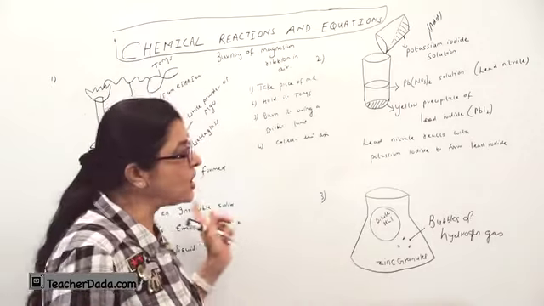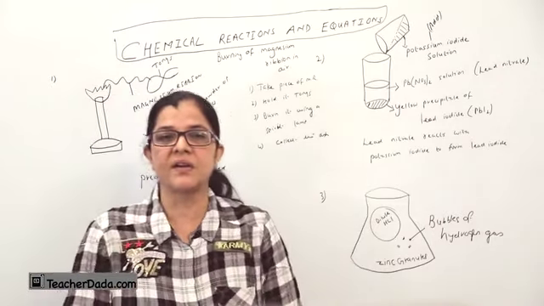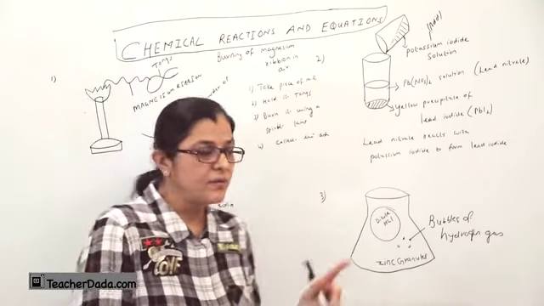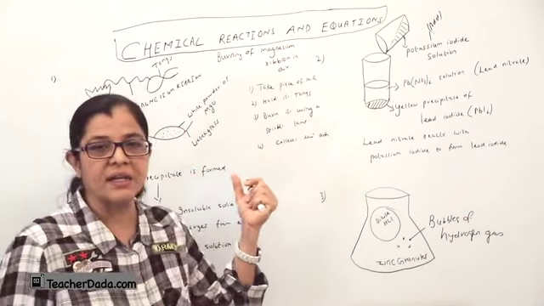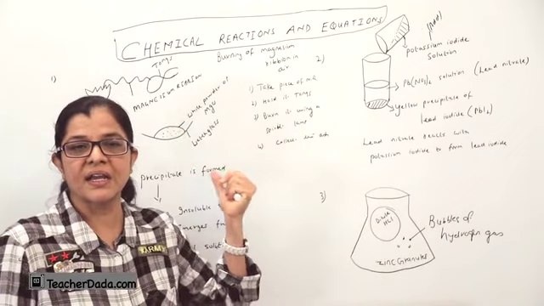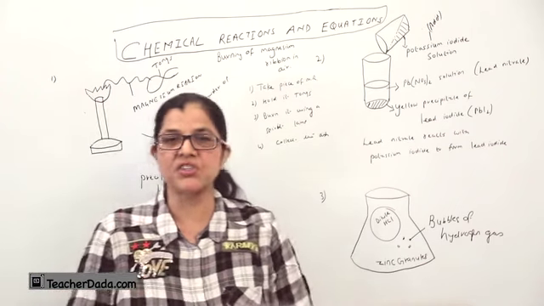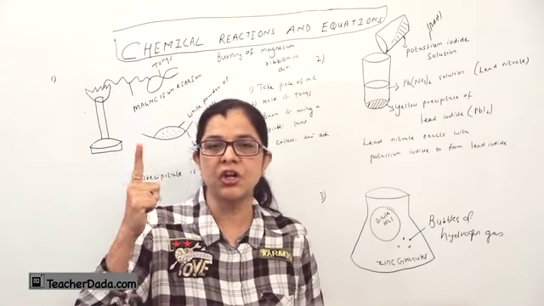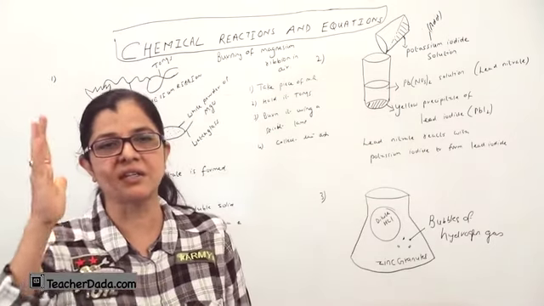So from all these three activities, what can we say? With the help of these observations, we can determine whether a chemical reaction has taken place. When a chemical reaction takes place, there can be a change in state, evolution of a gas, formation of a precipitate, change in color, or change in temperature.